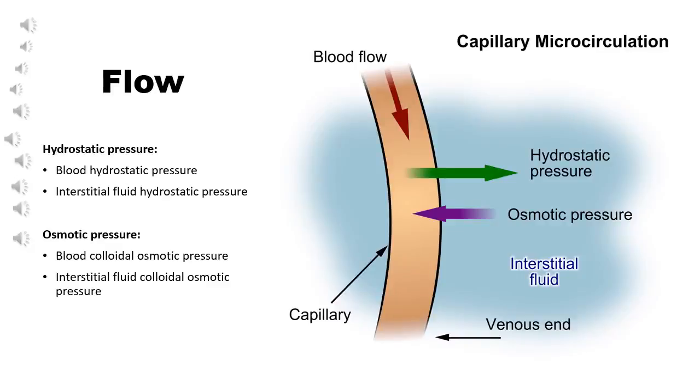As fluid exits a capillary and moves into the tissues, the hydrostatic pressure in the interstitial fluid correspondingly is going to rise. This opposing hydrostatic pressure is called the interstitial fluid hydrostatic pressure, or interstitial hydrostatic pressure.